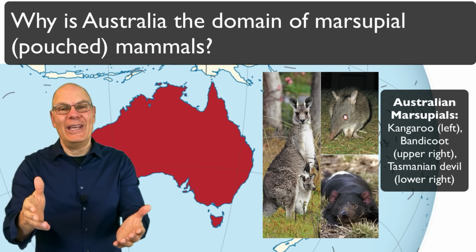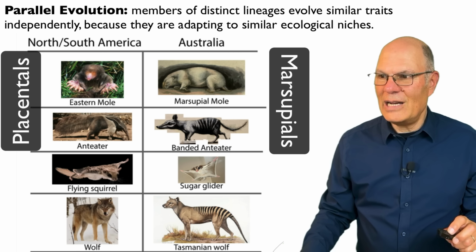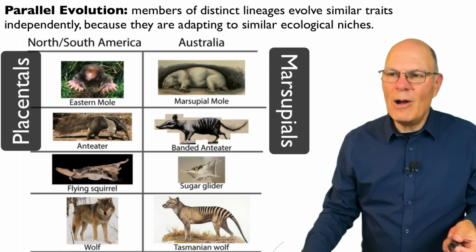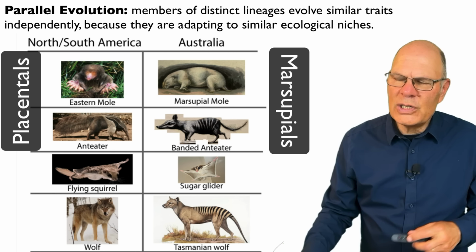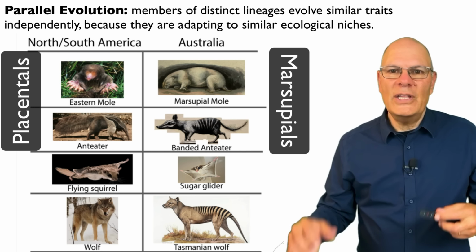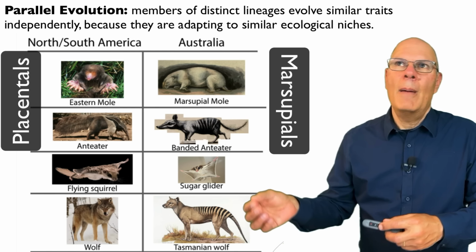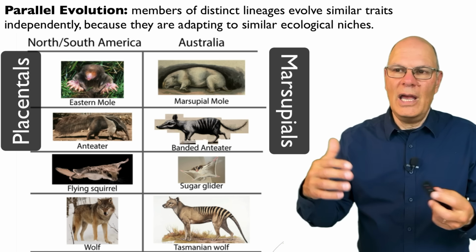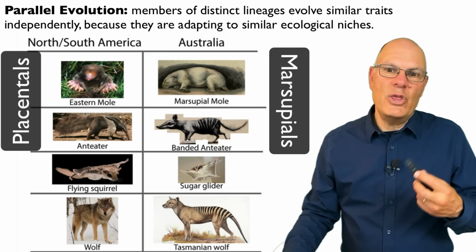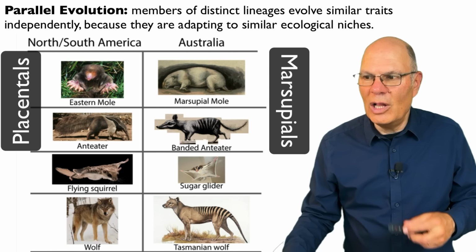A fascinating thing connected with the evolution of marsupials is parallel evolution, where because placental mammals never made it to Australia, all of the niches that are filled by placental mammals in North America and Eurasia and Africa are filled by marsupials, and those similarities are all convergent.